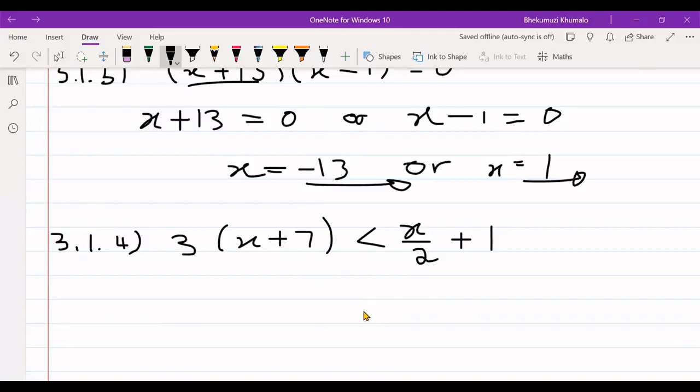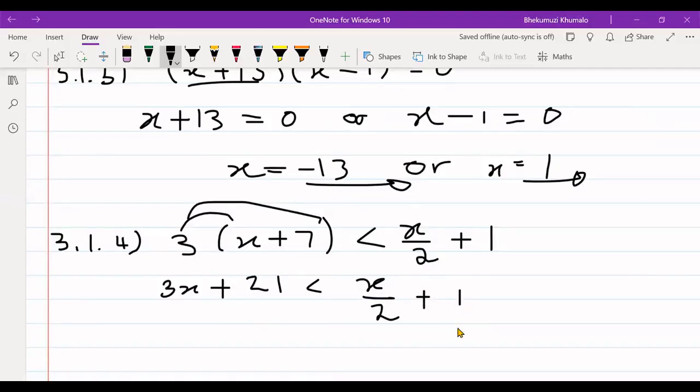Just because it's an inequality does not necessarily mean we need to treat it differently from a normal equation. So we do the same thing as we would have done in a normal equation. In this case, we first multiply in, and that will give us 3x plus 3 times 7, 21, that is less than x over 2 plus 1.